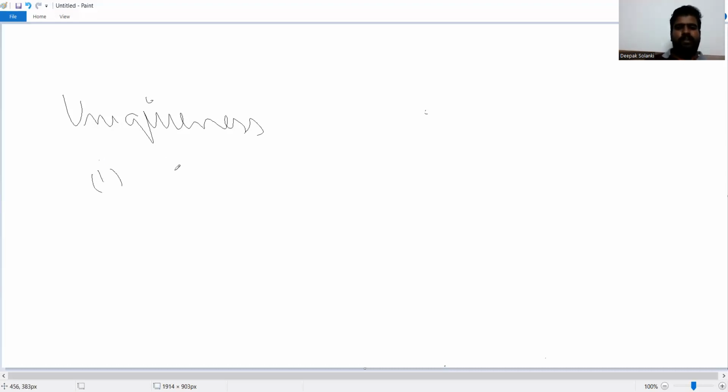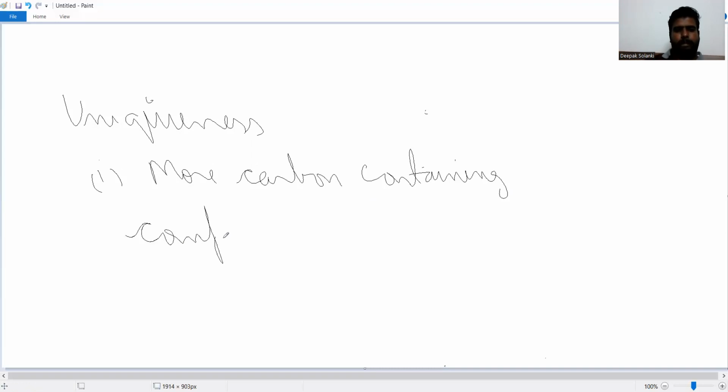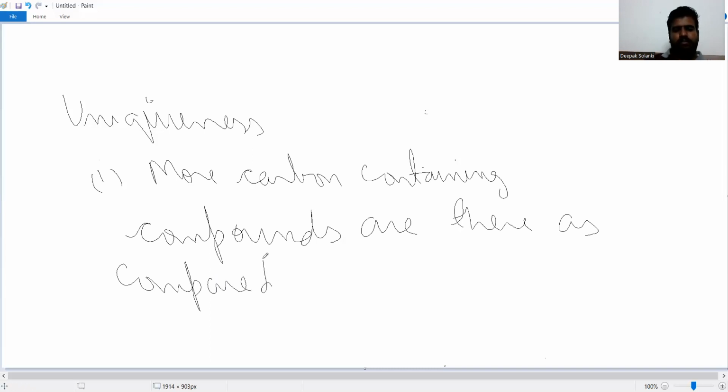First of all, there are more carbon compounds than non-carbon compounds. More carbon containing compounds are there as compared to non-carbon compounds.